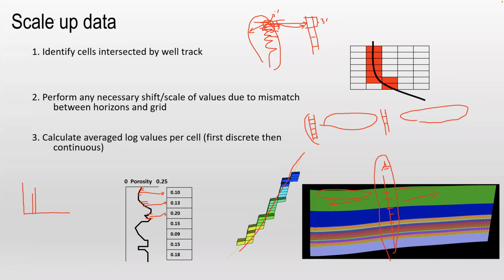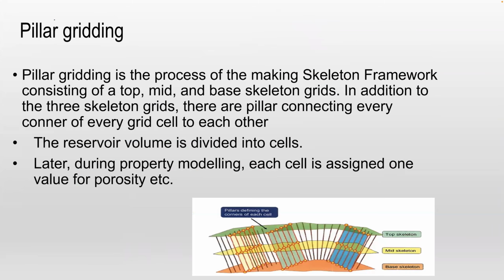Okay, for well data, that's a good question. At first you must have the wellheads. You must import all of the wellheads. Wellheads tell you, for example, the easting and northing of the well, the coordinates of the wells. After that, you need the survey.